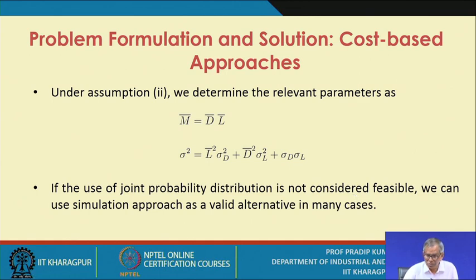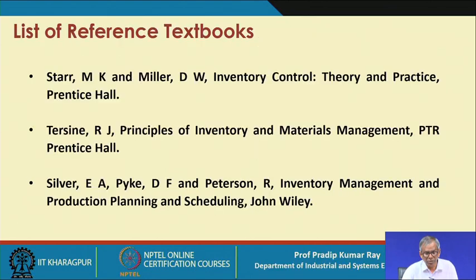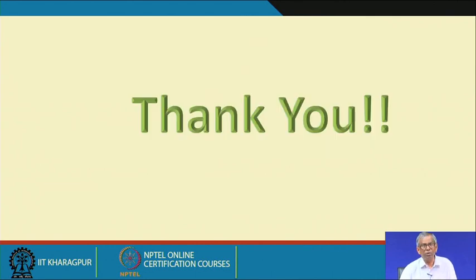If the use of the joint probability distribution is not considered feasible, which in certain cases may happen, we can use the simulation approach as a valid alternative. In many cases you opt for the simulation approach.